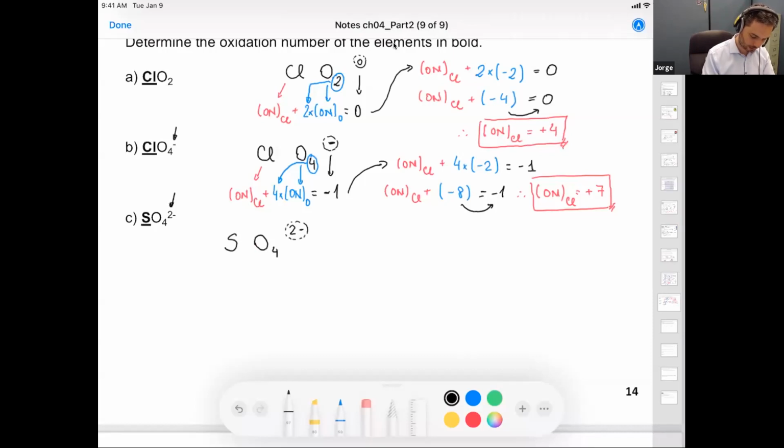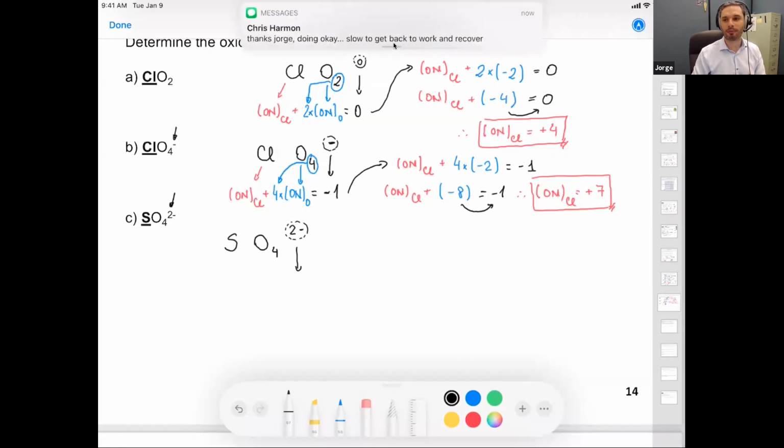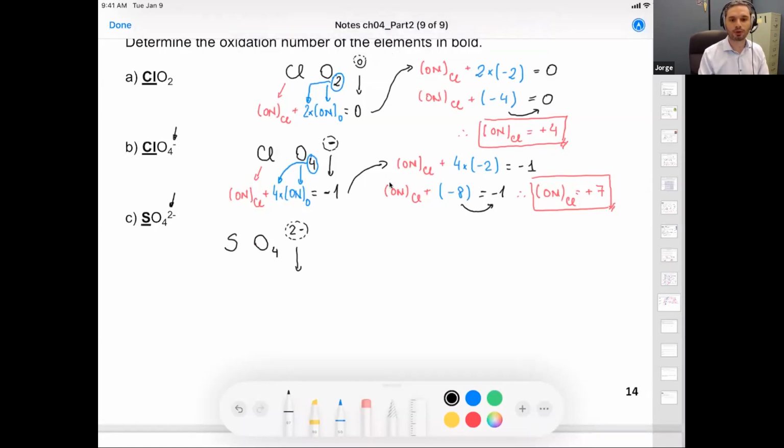First thing is to look at the charge, and that will tell us that the sum of the oxidation numbers for each element is equal to -2. So let's write that.